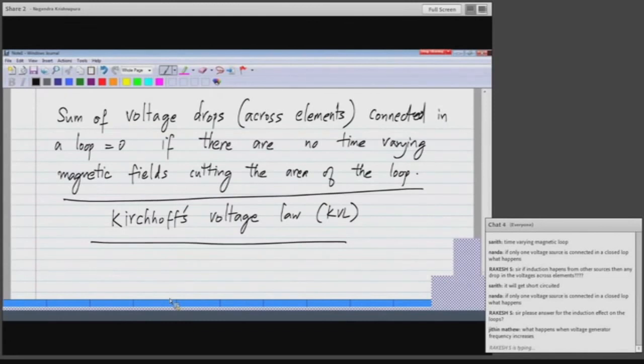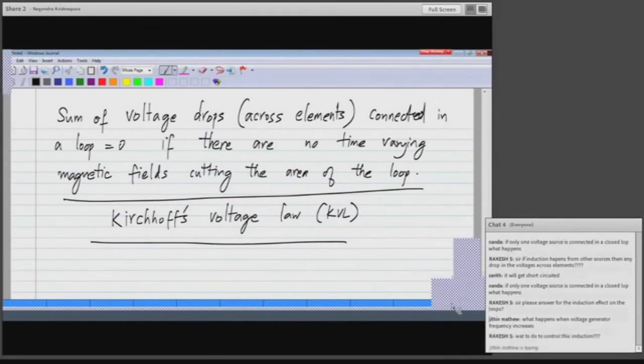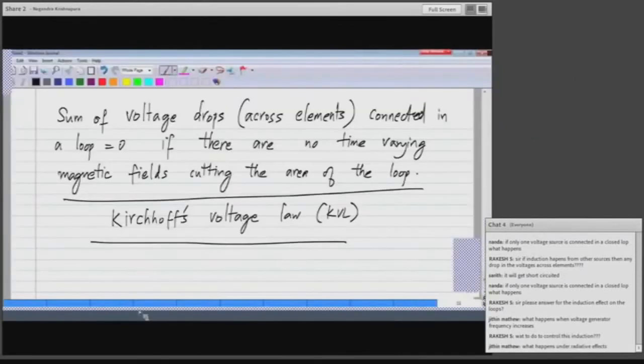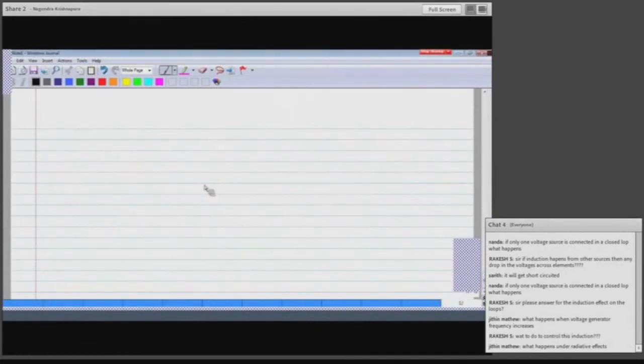And similarly, if you have 2 points, let's say X and Y, having a 1 volt difference in this direction is exactly the same as measuring Y with respect to X, with the voltage in this direction being minus 1 volt. So this is just so that you are comfortable with the sign convention.